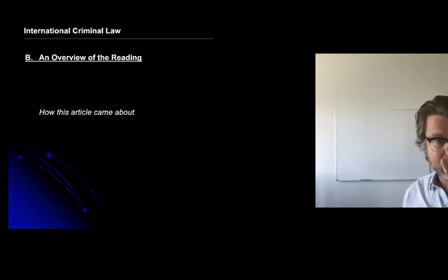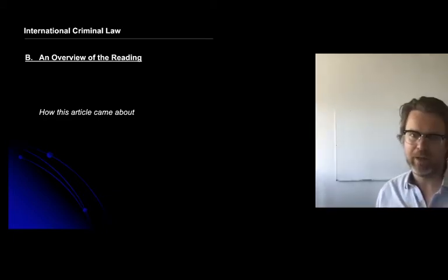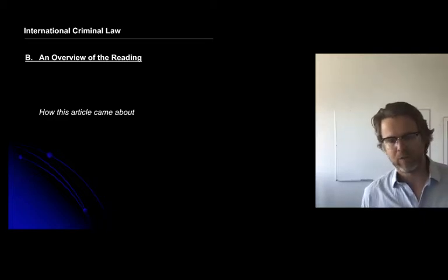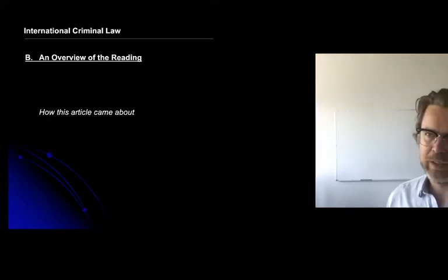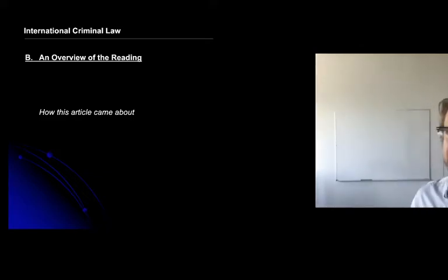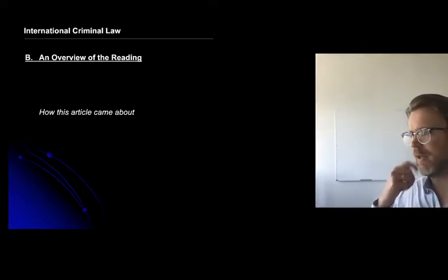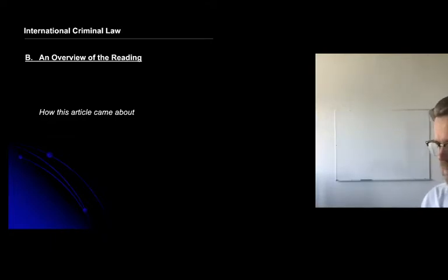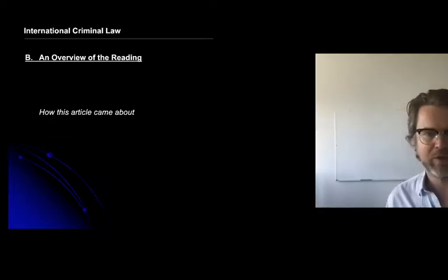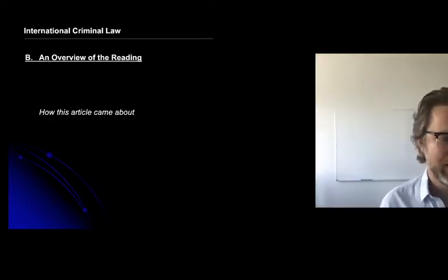I thought I would indicate a little bit about how the article came about, just to give you a little bit more context. The article came about through a debate I was having with some other colleagues in Leiden University. And the debate was about the relationship between universalism in international criminal law and legal pluralism.